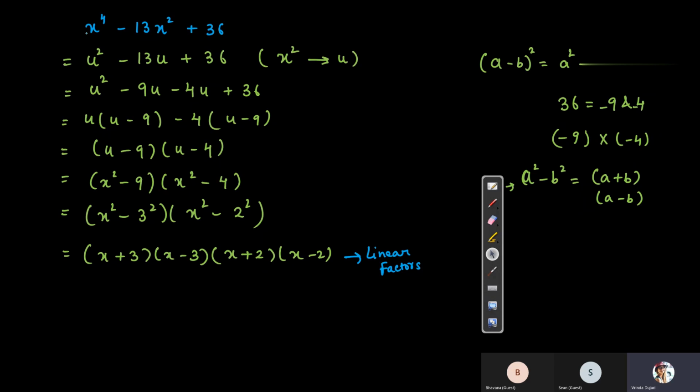So this expression can be factorized into these 4 factors. Basically we are doing the opposite of multiplication. All that we have done is the opposite of multiplication. Now if you multiply them, you will reach the expression from where we started. I hope it is making sense.